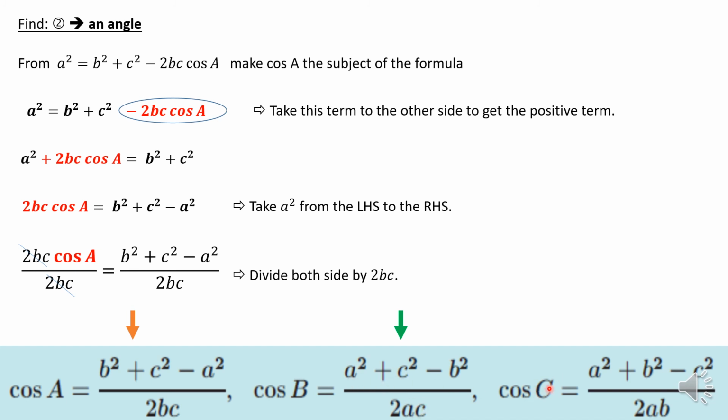And c here, minus c squared here. Then a squared plus b squared minus c squared, over 2ab. So you have to figure out a way to remember this. But if you don't, go ahead and use the cosine rule. If you remember it, plug in the values and then solve for cos A.